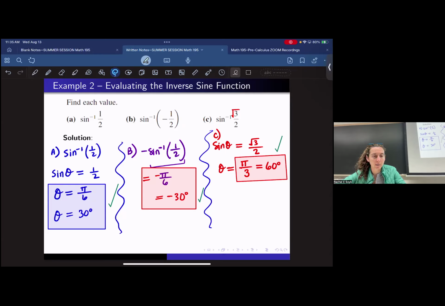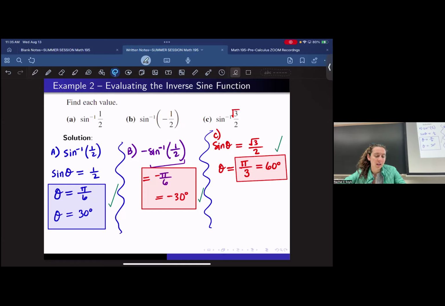Are you talking about, like, coterminal angles? Like if, for example, in A the answer is 30 degrees, but there's more, sine equals 1/2. Yeah, so coterminal angles, because if you plugged into your calculator sine of 390 degrees, that would also give you 1/2.